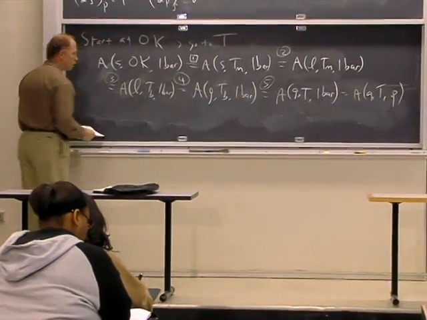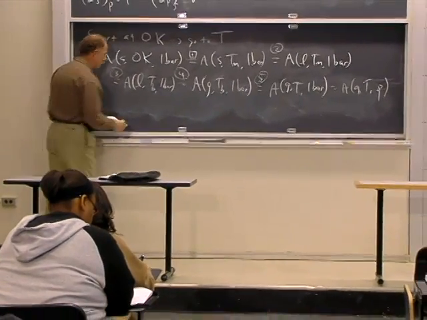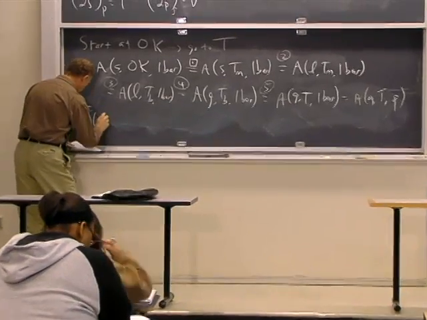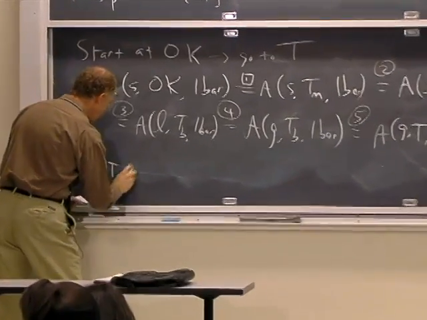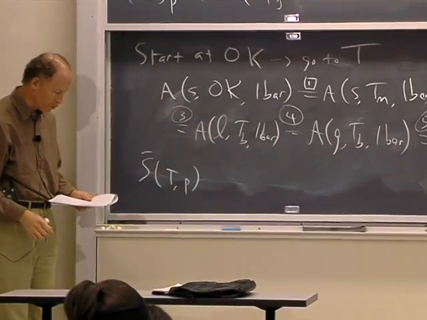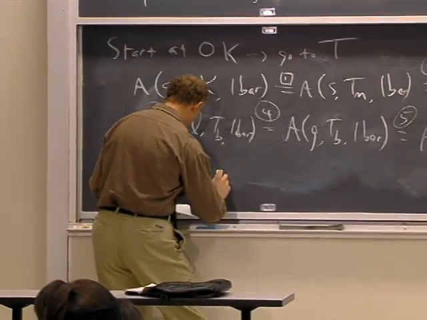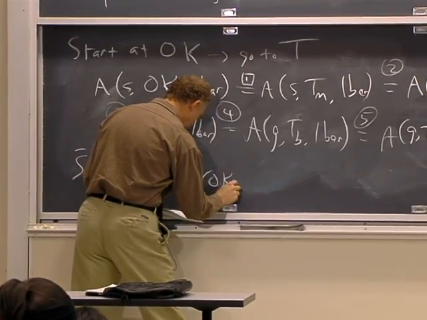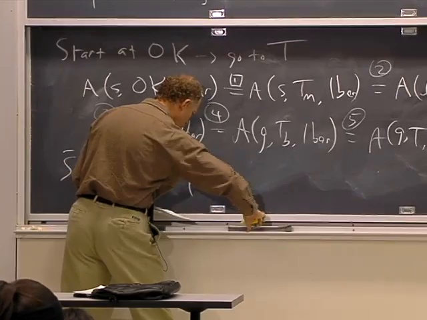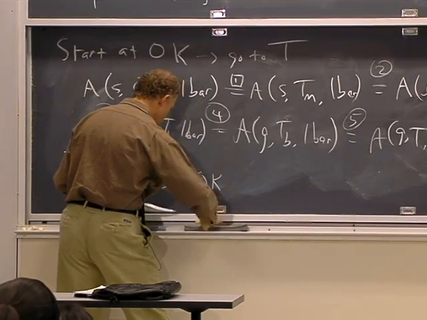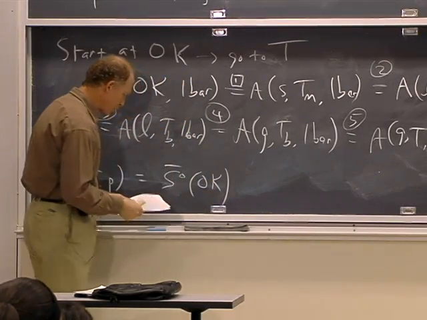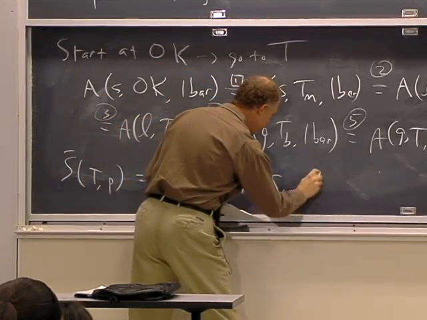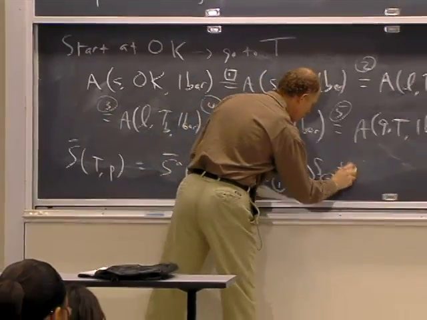Okay. Well, let's look at what happens to S. S, our molar entropy, at T and P, where we're going to finally end up, is S0 at 0 Kelvin and 1 bar, or 1 bar is implied by the superscript here. And then we have delta S for step 1 and delta S for step 2 and so on.